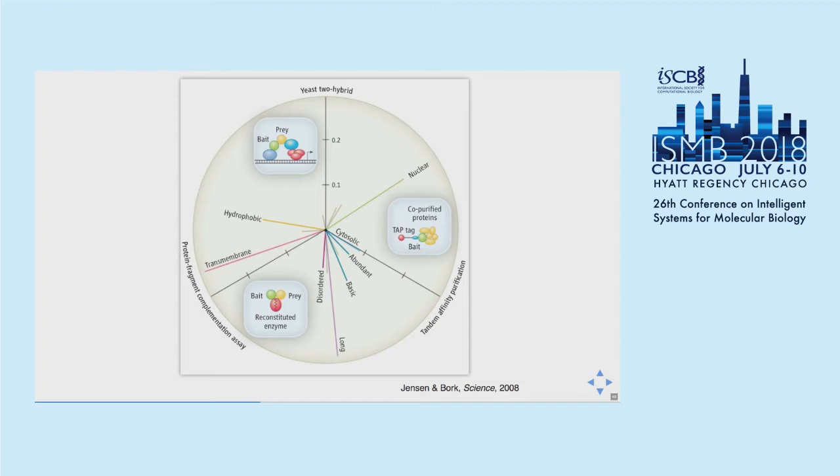It hasn't been updated, and I'm going to talk to the author of the slide this week and see if we can do an update to this slide. What this slide tells you is when you're looking at these sources, these experimental techniques, they're not all good for the same kinds of binding partners. These techniques are different, and they'll pick up different things when you're looking at these bait-prey approaches.